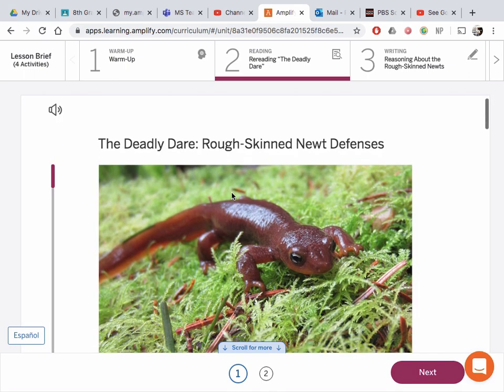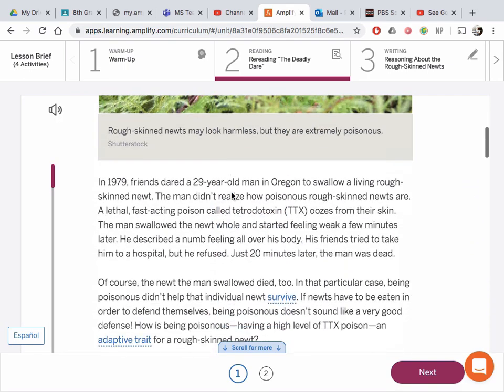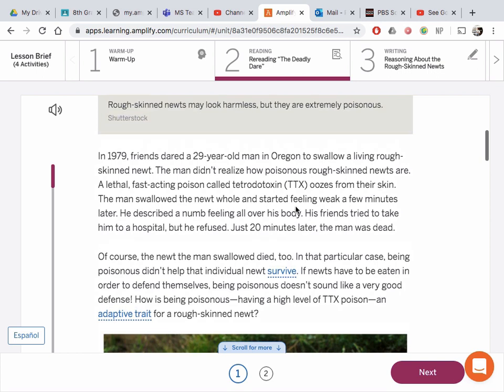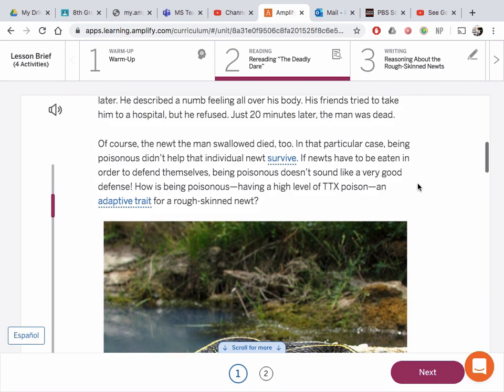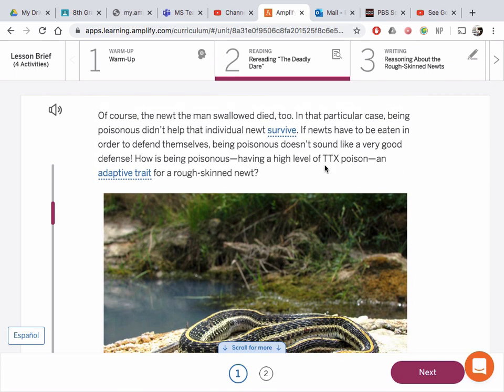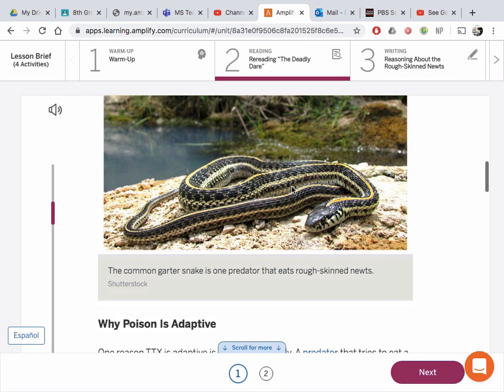which is going to load. A reading about newts. Newts have a poison called tetrodotoxin, or TTX. And one guy actually ate one and died, which was not smart. It explains how TTX became an adaptive trait for the newt, and here's a snake that would eat the newt.